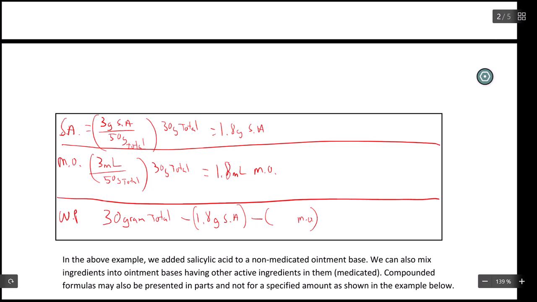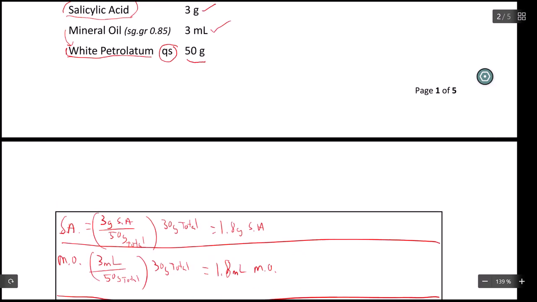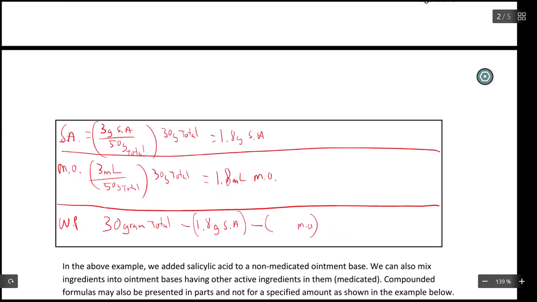We use the specific gravity or density, which is given to us, 0.85 as specific gravity. What does 0.85 mean for specific gravity? Well, that means that there's 0.85, we're going to call it grams per ml. So that means every ml weighs 0.85 grams.